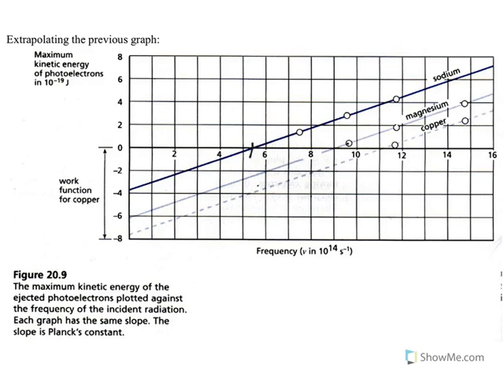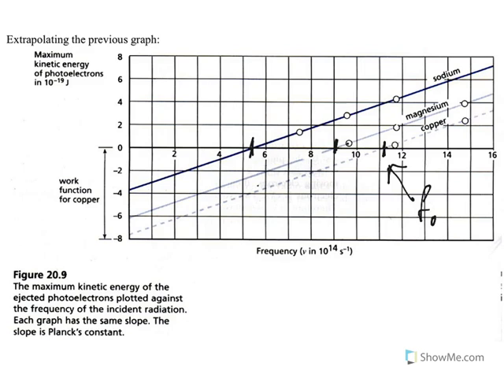Now, we see that there are these distinct places, which we call the threshold frequency, below which a particular material can't emit electrons. So for copper, it's way up here, 11 by 10 to the 14 hertz, and so on for the other two.